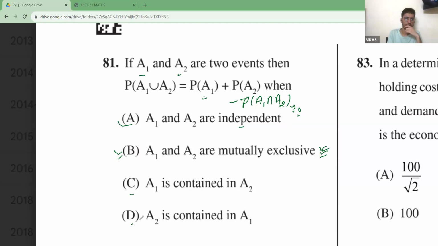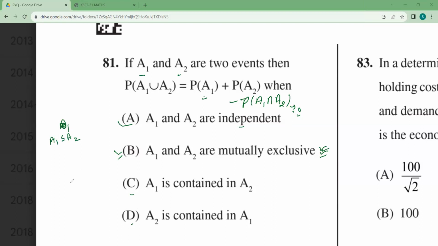For example, if you take A1 as a subset of A2, then when we take the intersection, there are some elements which are in both A1 and A2.